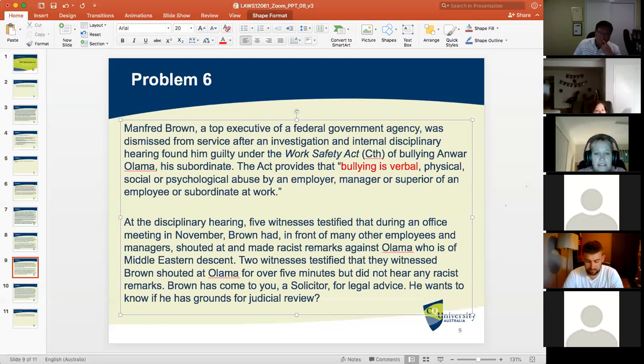At the disciplinary hearing, 5 witnesses testified that during an office meeting in November, Brown had, in front of many other employees and managers, shouted at and made racist remarks against Olama, who is of Middle Eastern descent. 2 witnesses testified that they witnessed Brown shout at Olama for over 5 minutes, but did not hear any racist remarks. Brown has come to you, a solicitor, for legal advice. He wants to know if he has grounds for judicial review. Thank you.